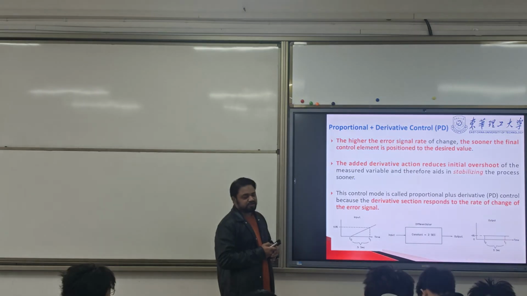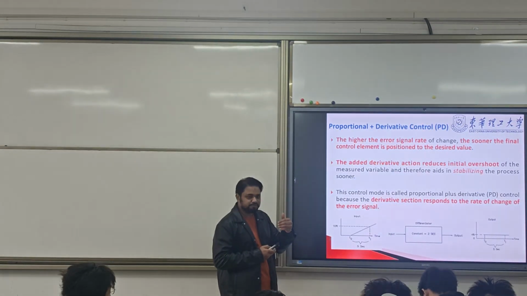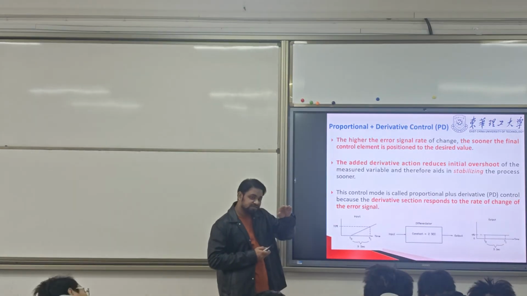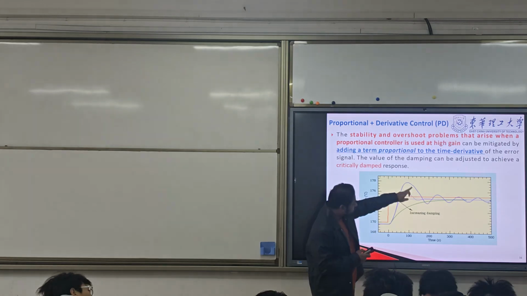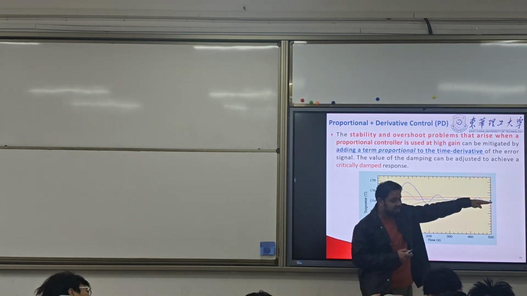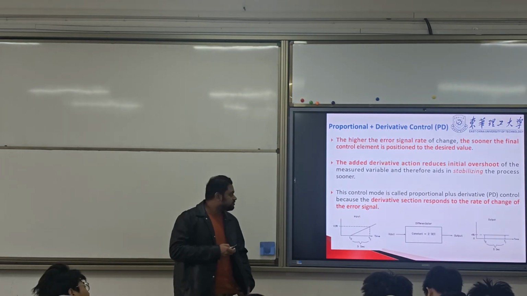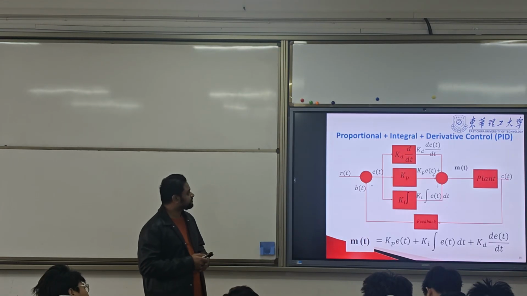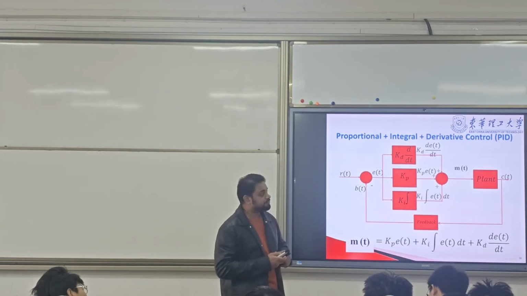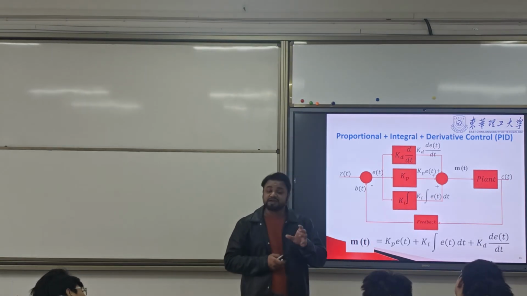The advantage, as I already told you, is that it will reduce the overshoot problem and stabilize the output. It is fixed, but it has not reached the set point. This problem can be overcome if we use a PID controller.